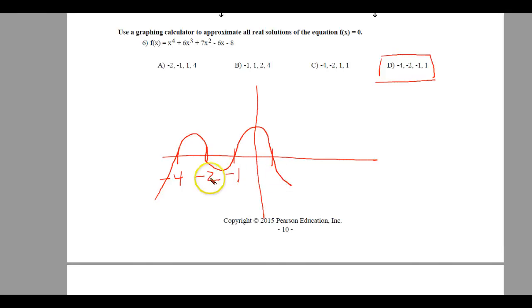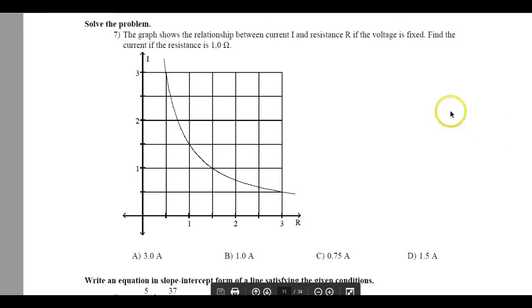Something like that. I didn't draw this to scale, but again, all you had to do was, in a sense, find the zeros.